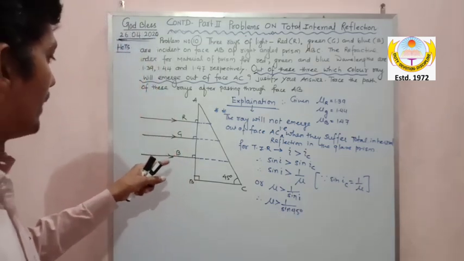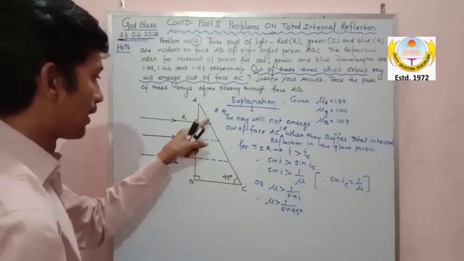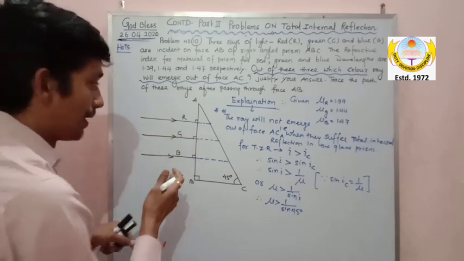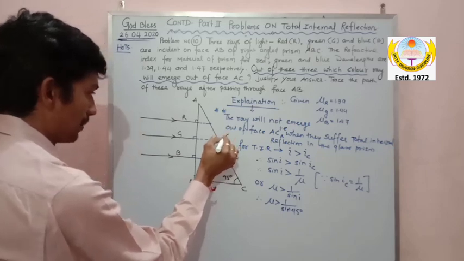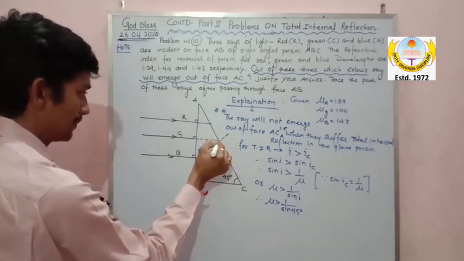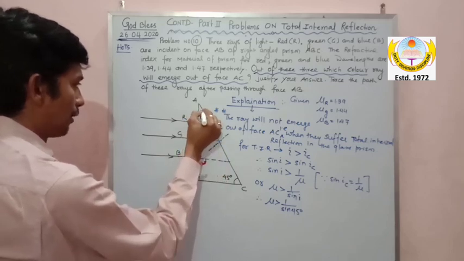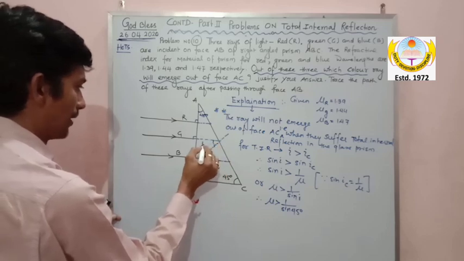Here this is the 45 degree, because the angle of incidence in this case will be 45 degree for everybody. This is the normal. Here it is 45.